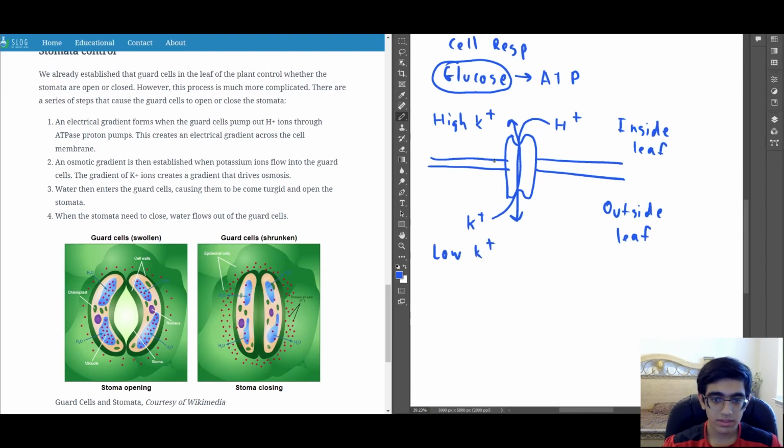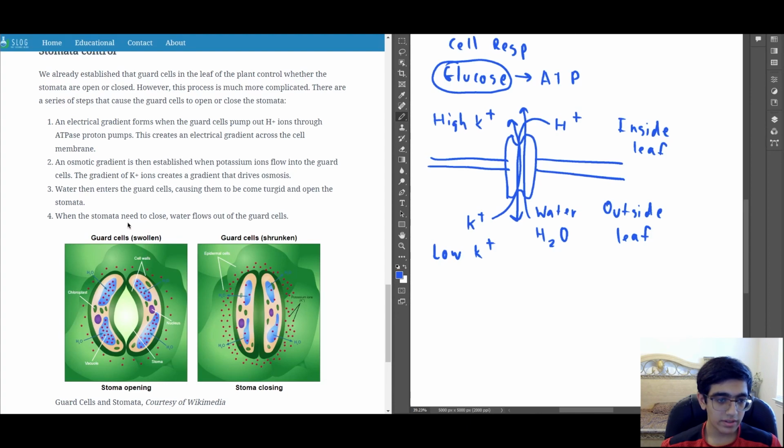This gradient drives osmosis, which causes water to enter into the cell. Water would go into the cell, and that would cause the guard cells to become turgid. When they're turgid, they take this shape, and it would open the stomata, allowing gases to pass into and out of the leaf.